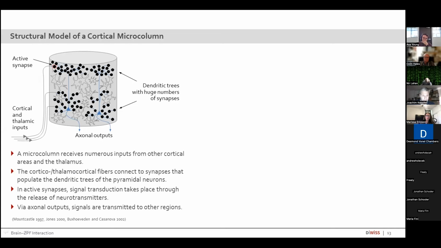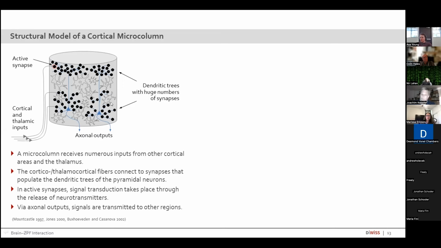And in active synapses, signal transduction takes place through the release of neurotransmitters. And then the signal propagates along the neuron, and finally, via an axonal output, the signals are transmitted to other regions of the cortex and also to the thalamus.